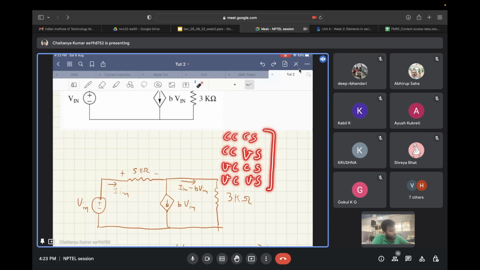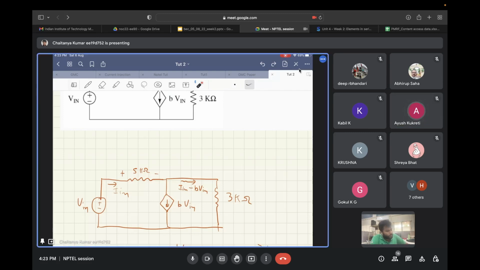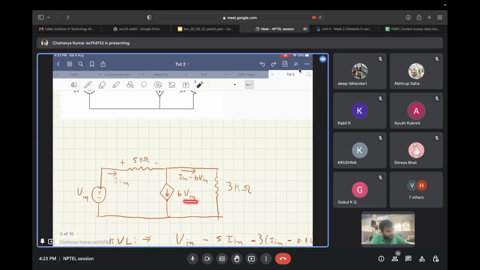Yes, Ayush, correct. The controlling parameter is a voltage, that is V in, and the output parameter is a current. So it is a voltage controlled current source.